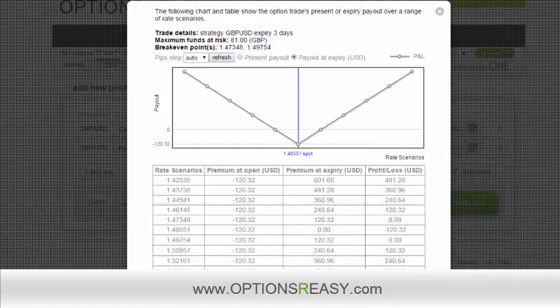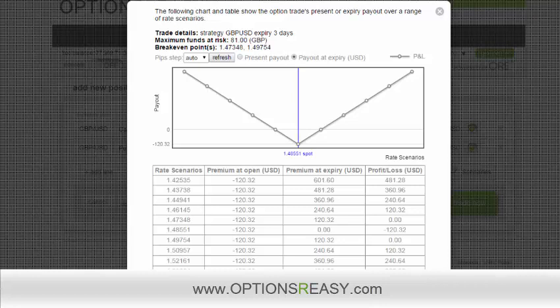If you evaluate this as a high probability trade, then you will take the position. But if you don't think sterling US dollar volatility will be high enough to bring you your wanted return, then you should not take the position.